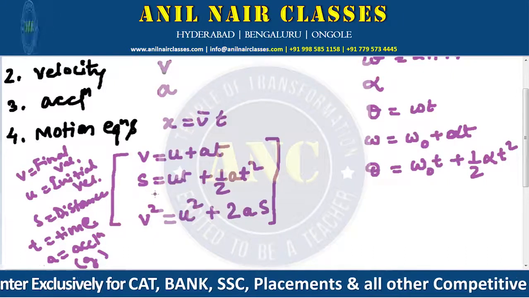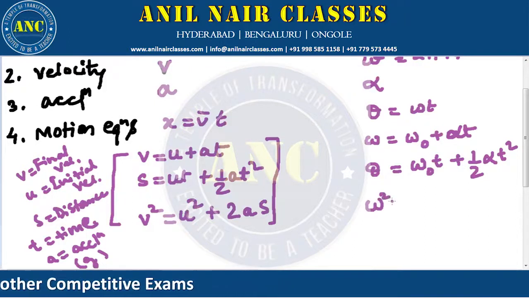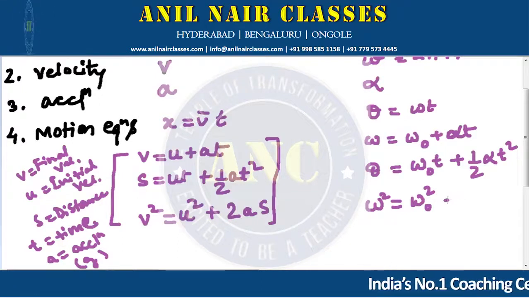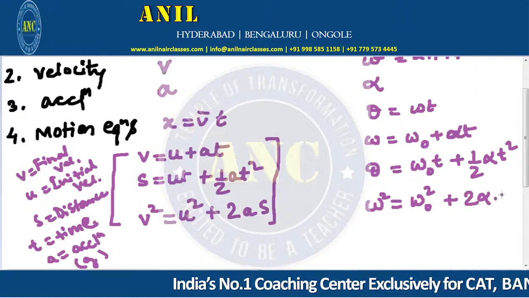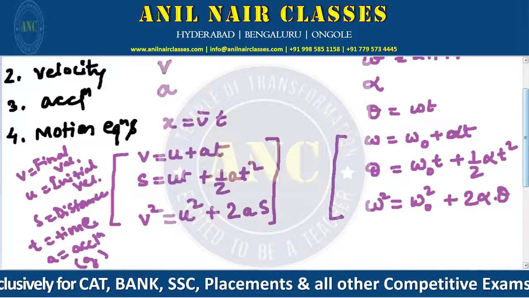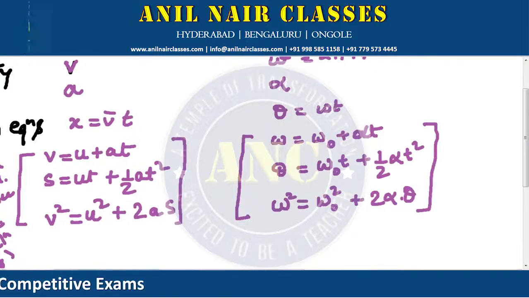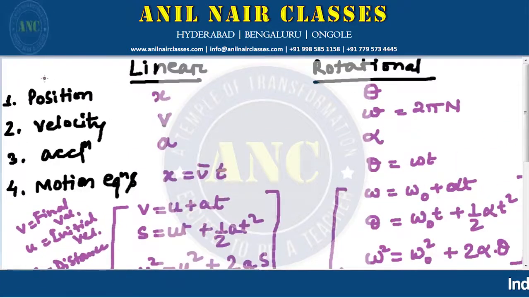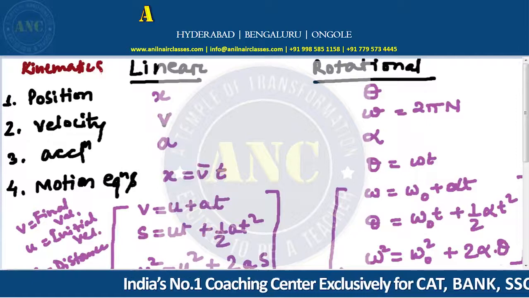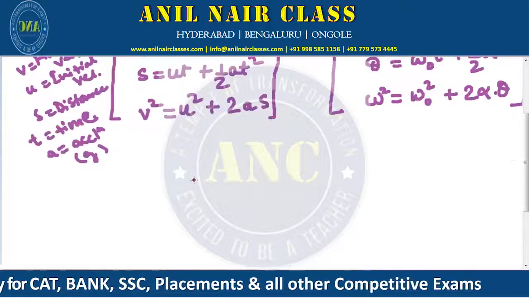S in linear is nothing but theta in rotational. And then omega square is omega 0 square plus 2 alpha theta. These are the motion equations of rotational kinematics, right? Here we are talking about kinematics of particles. So now the fourth is done.